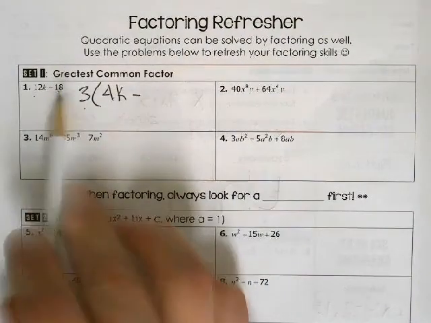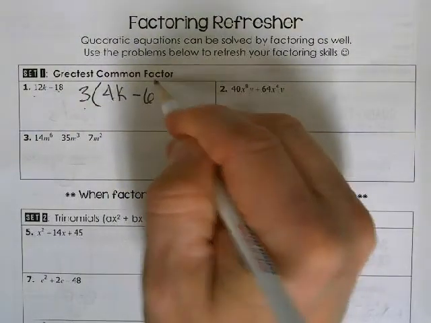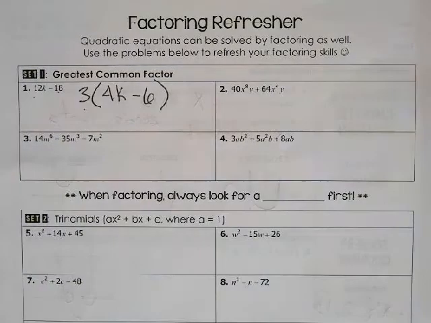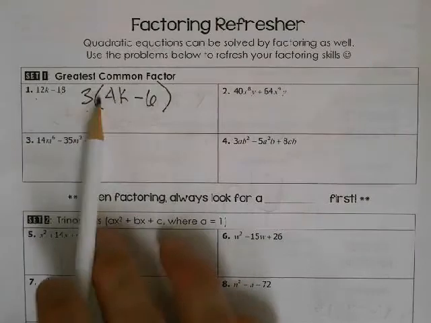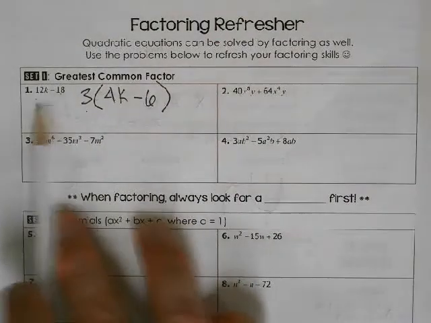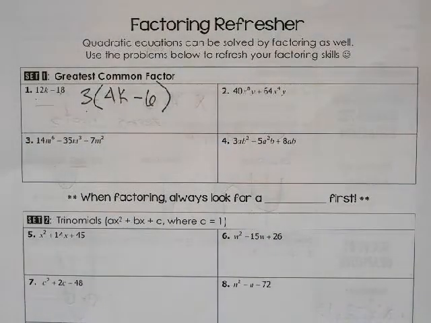And 3 times what value is equal to 18? So now if I distribute this greatest common factor times 4k minus 6, do I in fact get 12k minus 18? Yes. So that's the solution.